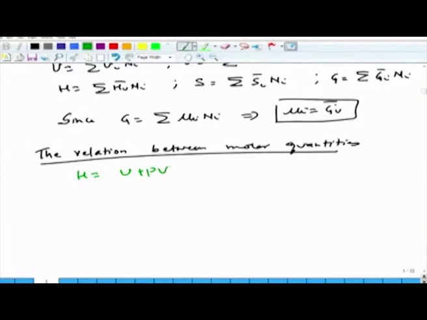If you want to write that in the partial molar quantities, you can simply write H i bar is U i bar plus P V i bar. Similarly, you can write mu i, which is basically G i bar, as H i bar minus T S i bar, because G is nothing but H minus TS.